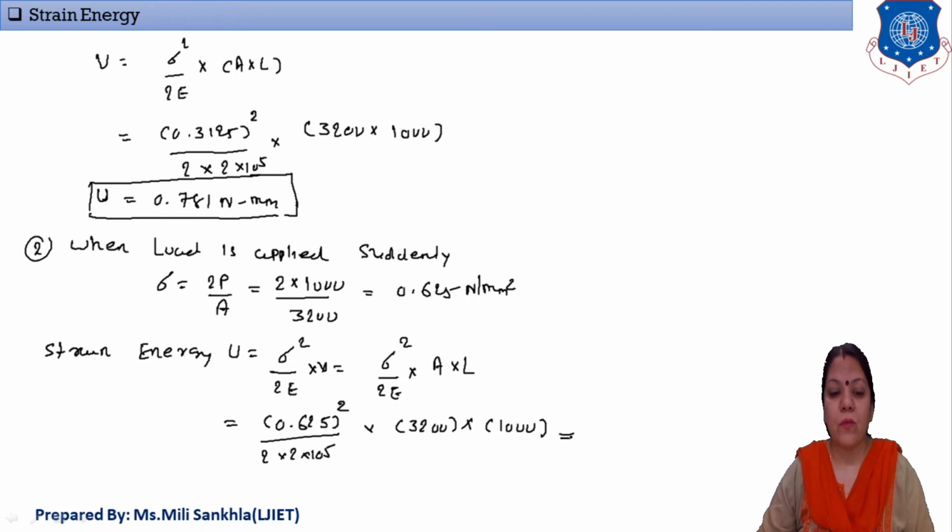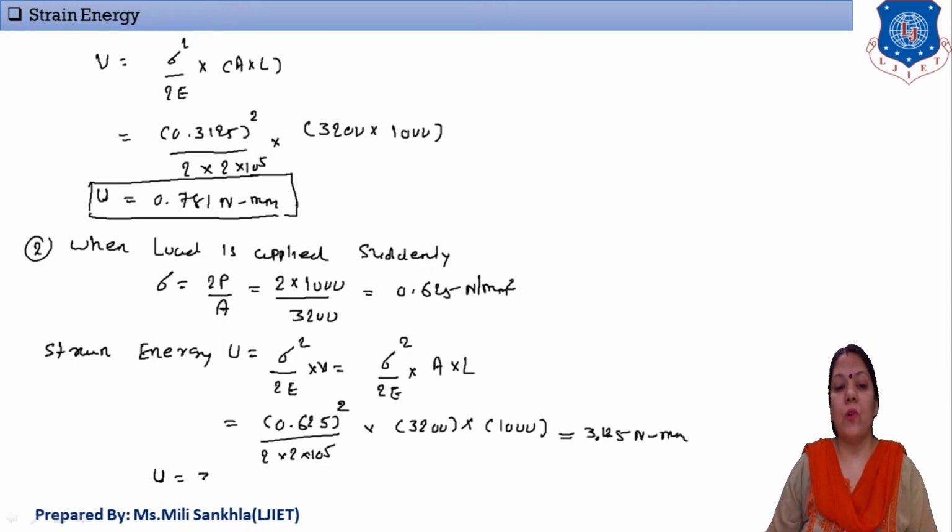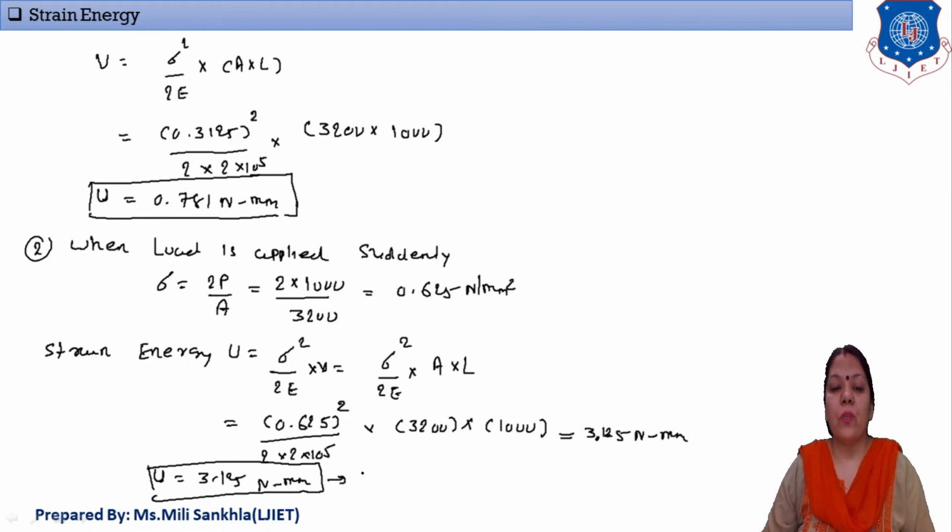My answer for this case is 3.125 Newton mm. Write down the final answer: U is equal to 3.125 Newton mm. This is our strain energy due to sudden load, and the first is due to gradual load.